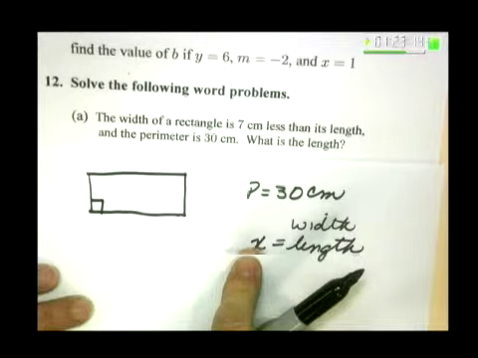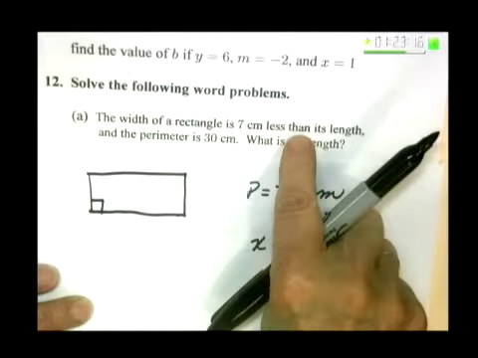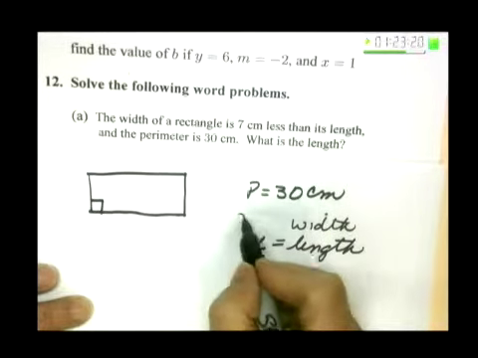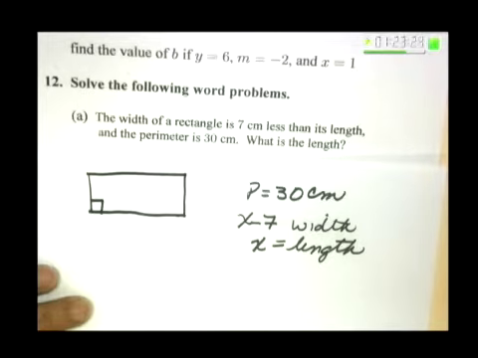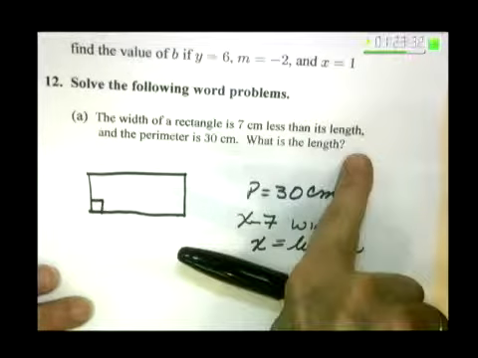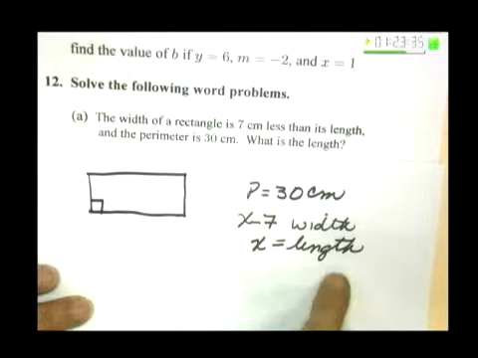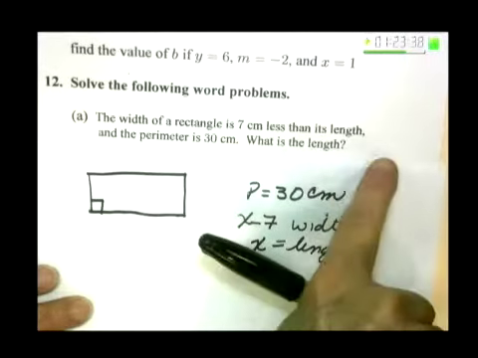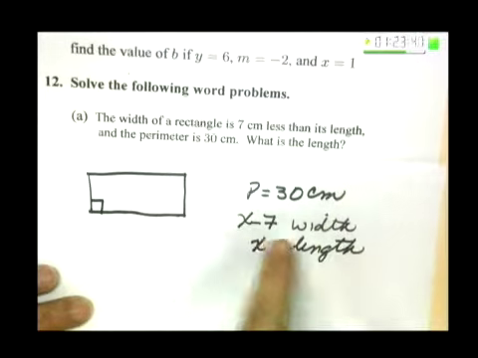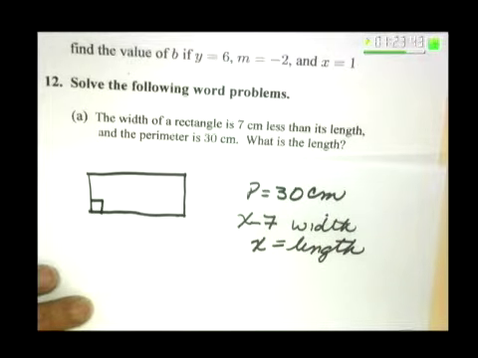Well, the length is x, and the width is 7 less than that. So I'm going to write for the width x minus 7, because it is 7 less. And that usually makes a problem easier to see. Again, width is being compared to length, so I let x equal the length. And then it says the width is 7 less than the length, x minus 7.